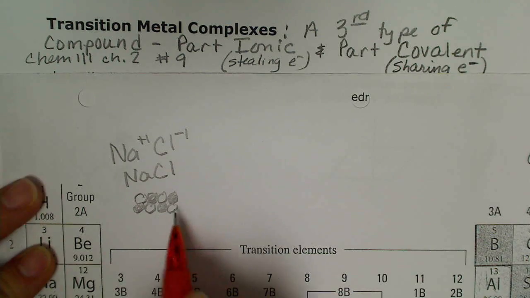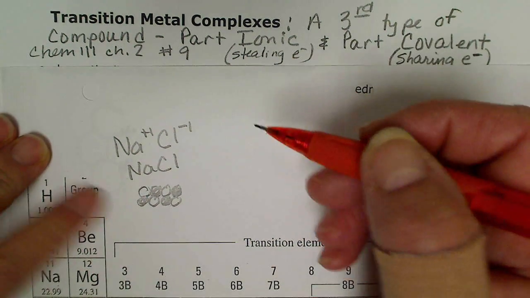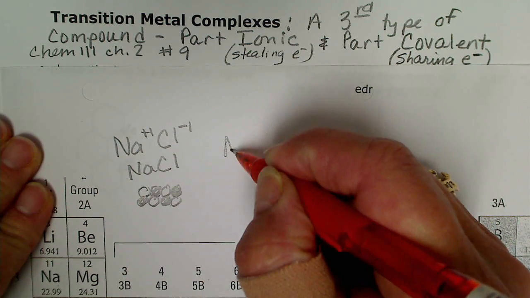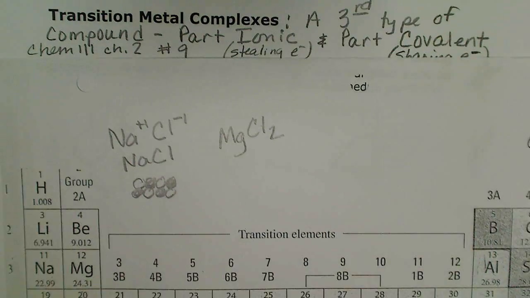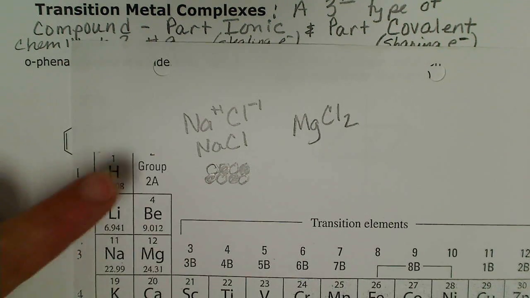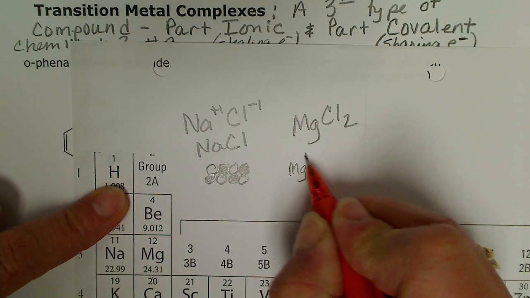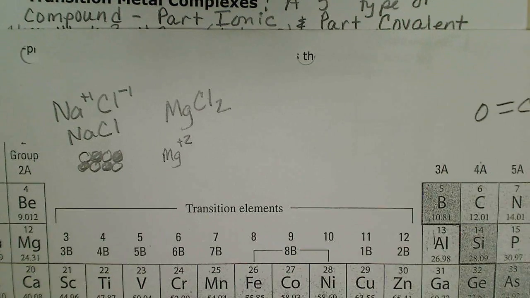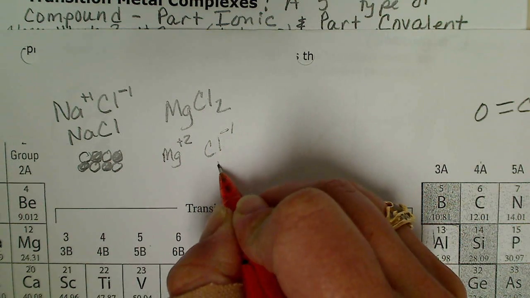And the ratio of colored marbles, so to speak, depends on the ratio of the ions. Magnesium chloride exists because magnesium is a +2. So magnesium's charge of +2 requires 2 chloride ions.